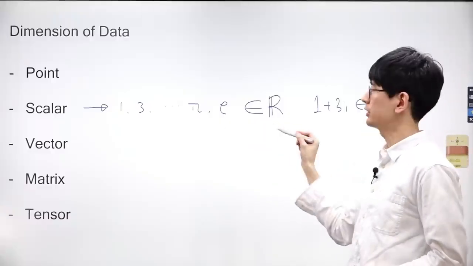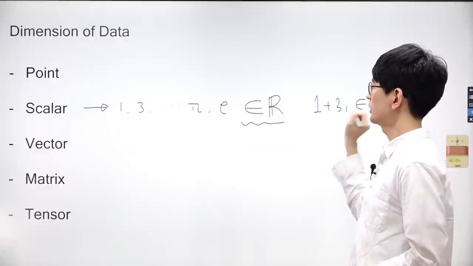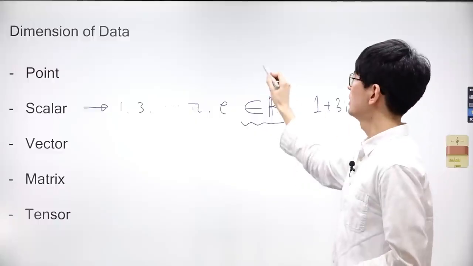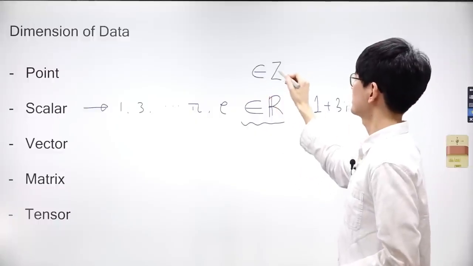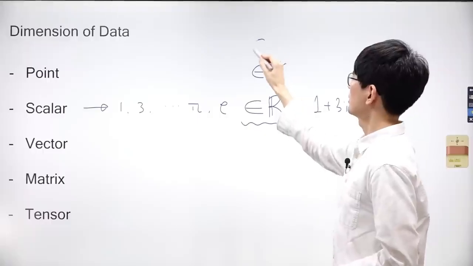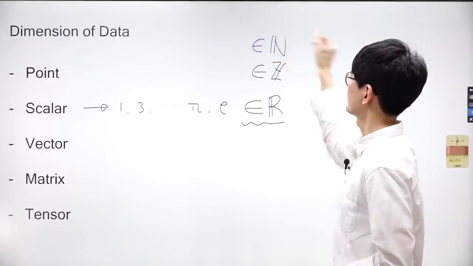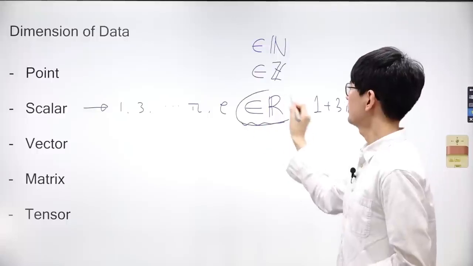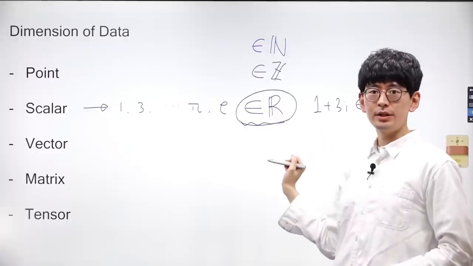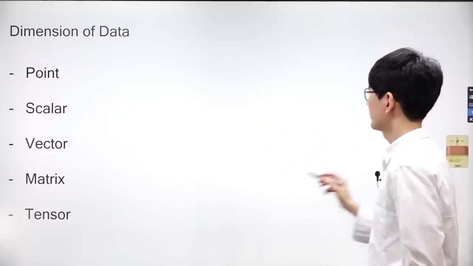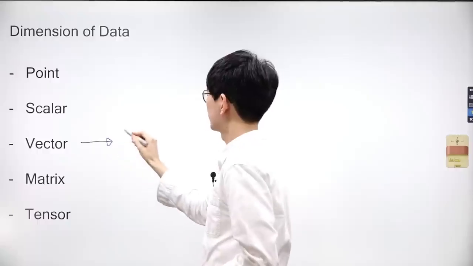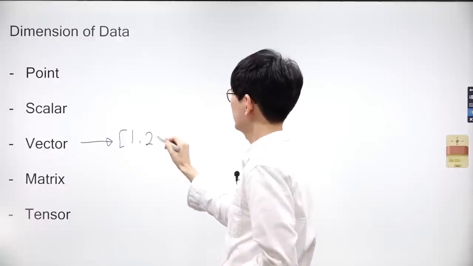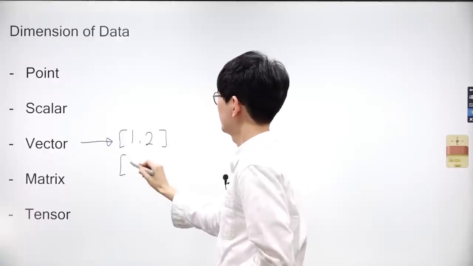So we can express the scalar as an element of a set like this. Scalars can belong to real numbers, integers, or even natural numbers. If they belong to integers, we represent with the capital Z. And if they belong to natural numbers, we represent with the capital N. Thus, scalars belong to a certain number system.